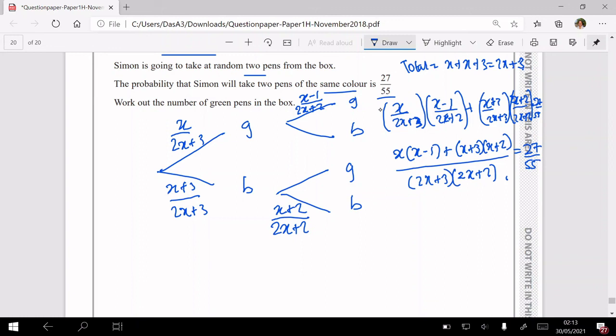The reason is because they have the same denominator. Yep, they have the same denominator, so we can do this. Now let's simplify the numerator, which is x squared minus x plus x squared plus 5x plus 6 over, let's keep the bracket and expand it for now, is equal to 27 over 55.